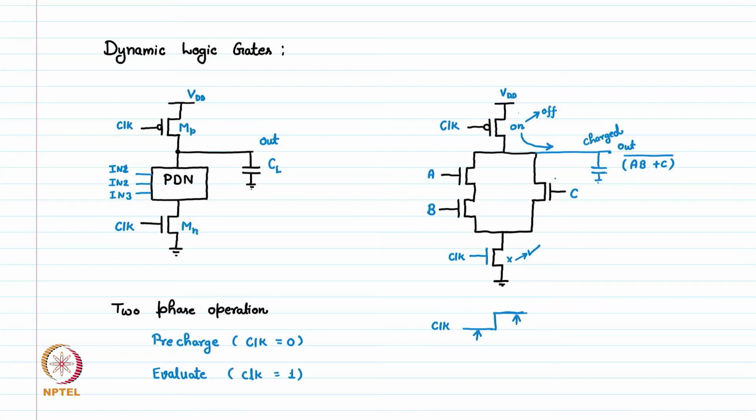So based on this circuit architecture, we can think of 2-3 properties of these dynamic logic gates. The function you are implementing, A B plus C whole bar, is implemented using only the pull down network. The pull up network is always a single PMOS transistor. So all the circuit for whatever function you are implementing is only through the pull down network.